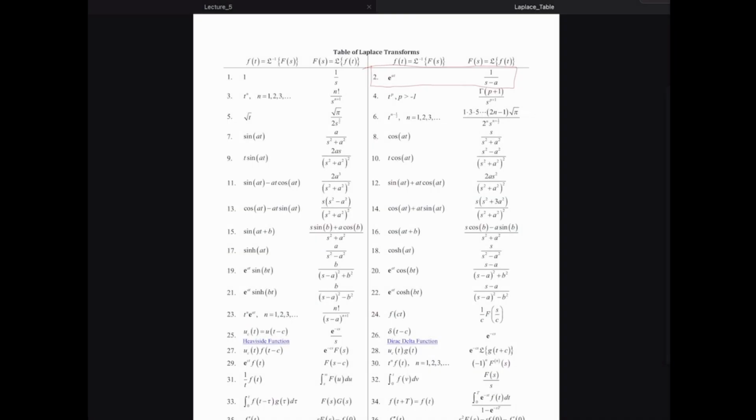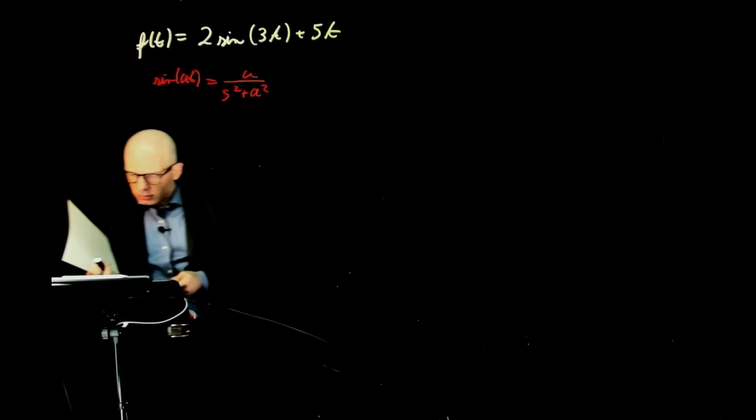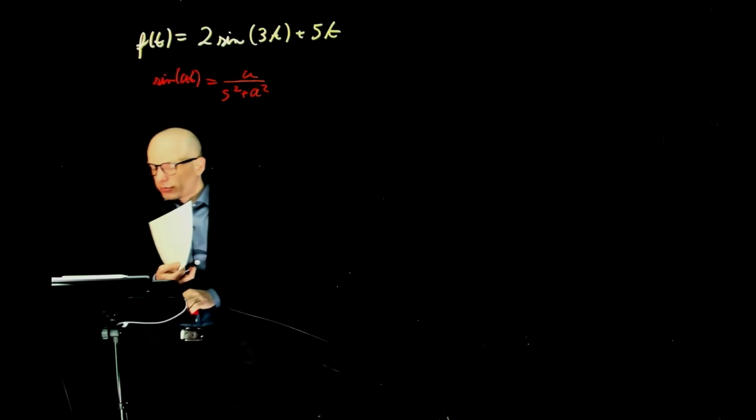Number 7 says that the Laplace transform of sine of at is a over s squared plus a squared.